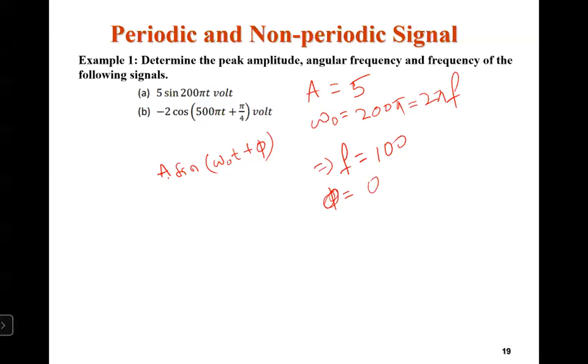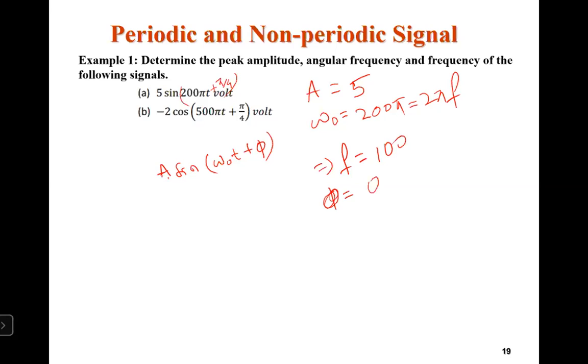If, let's say, something is written like 100 pi t plus pi by 4, then phi would be pi by 4. Whatever is written after omega 0 t, that is your phi.